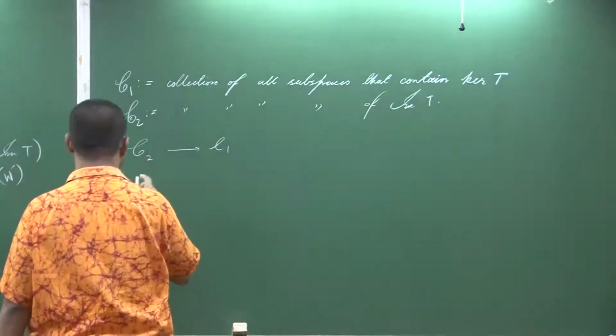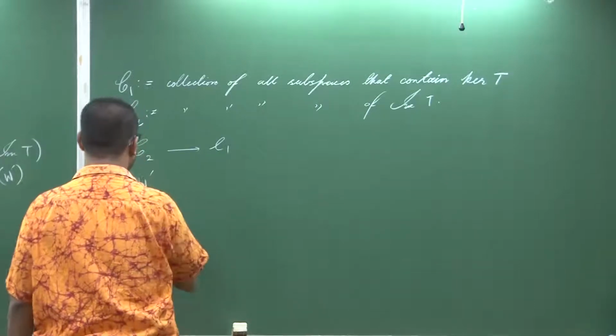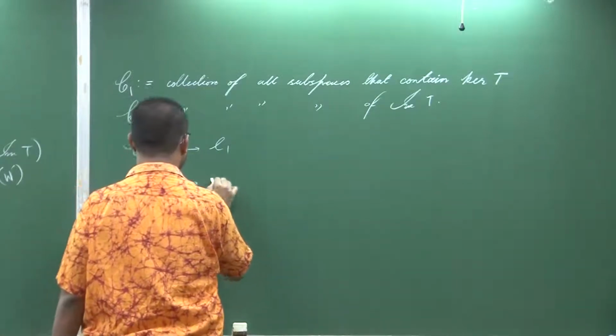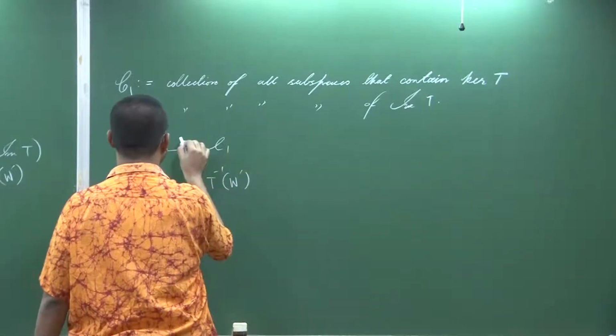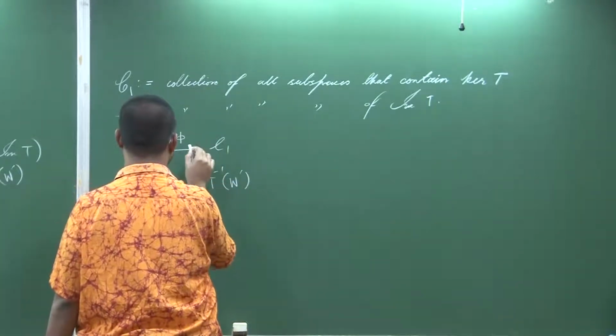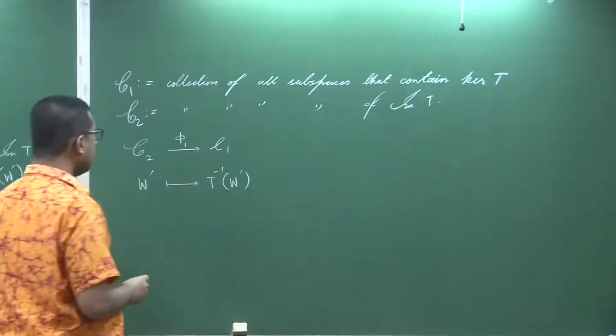What is the map? A typical member W prime is mapped to T inverse of W prime. Let us call this map phi 1.